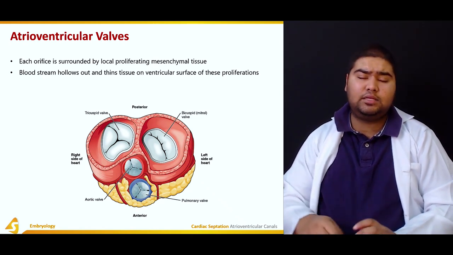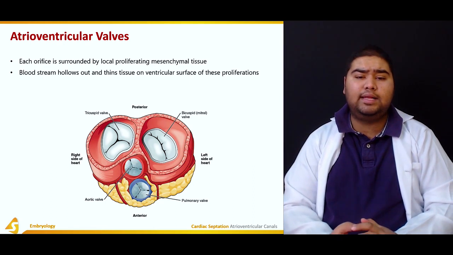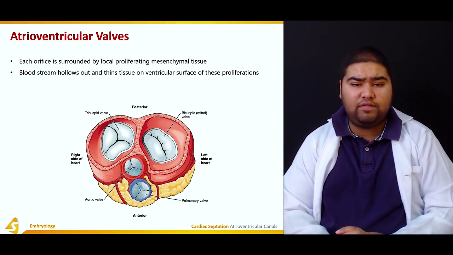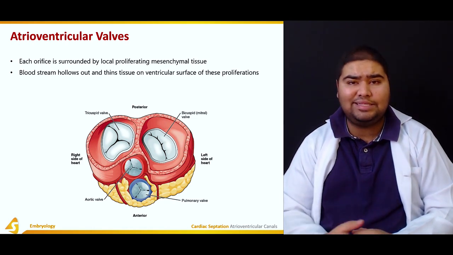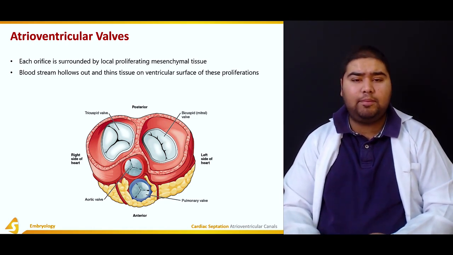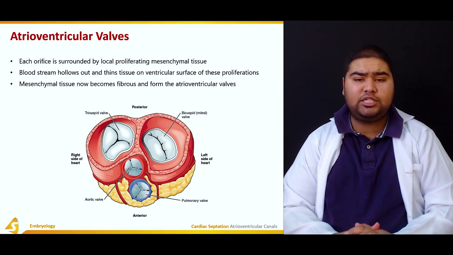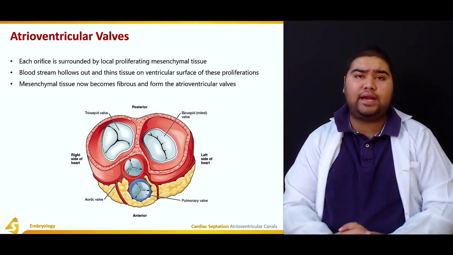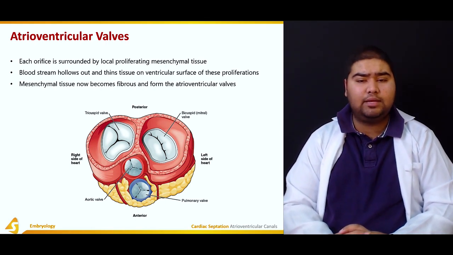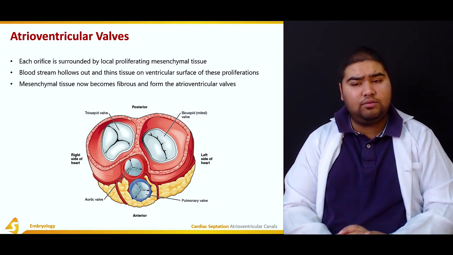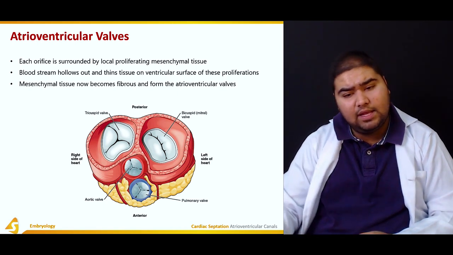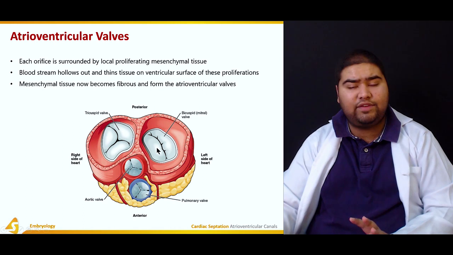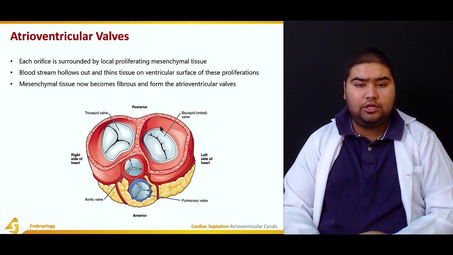So these proliferating cells which were lined around this AV orifice are hollowed out on the inside by the pressure of blood. The mesenchymal tissue now becomes fibrous and forms the atrioventricular valves. Here you can see the valves being formed. These are the formed valves in an adult heart.